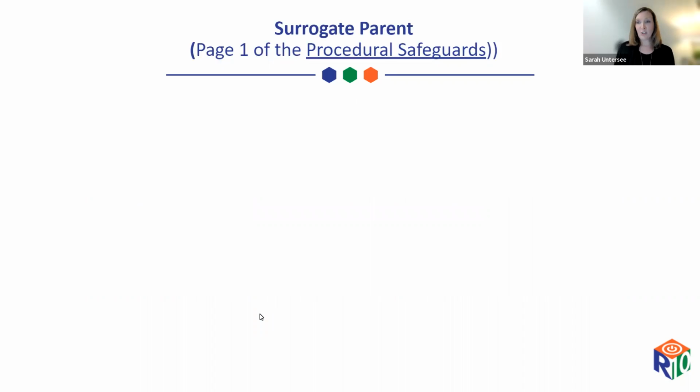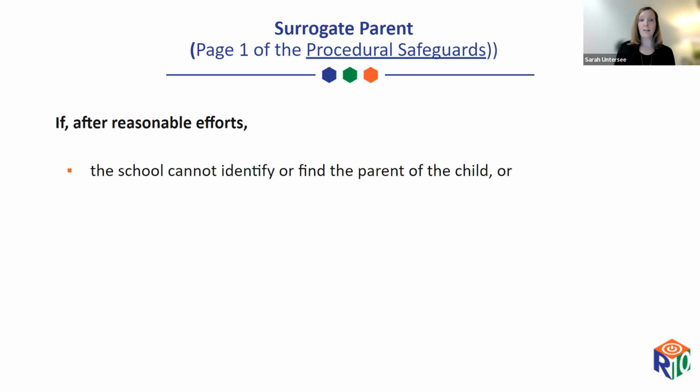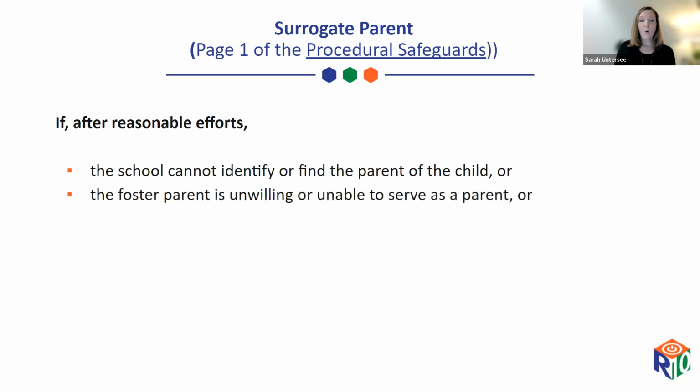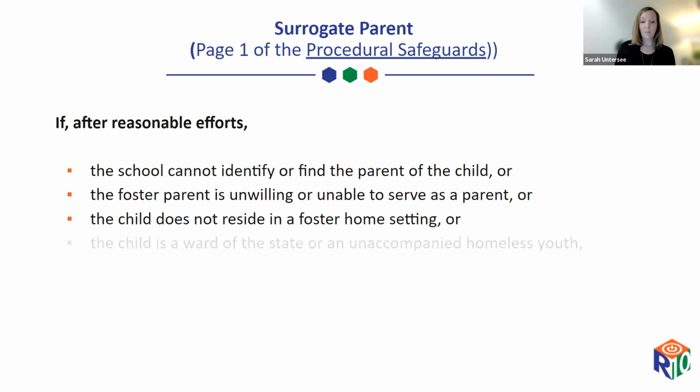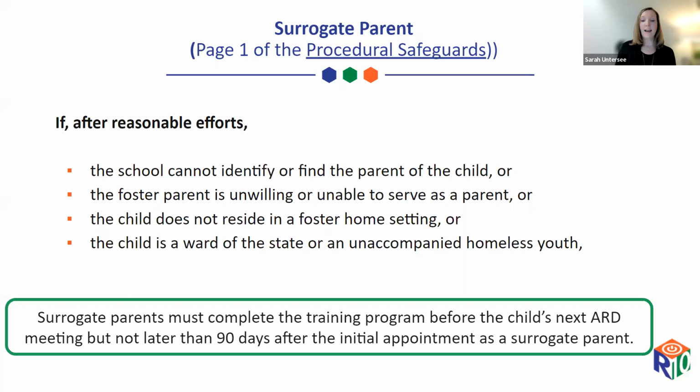There is also some information on surrogate parents. If after reasonable efforts the school is not able to identify the parent of the child, or if the foster parent is unwilling or unable to serve as the parent, or the child does not reside in a foster home setting, or the child is a ward of the state or an unaccompanied homeless youth, the school must appoint a surrogate parent to act in place of the child's parent, unless the child is a ward of the court.